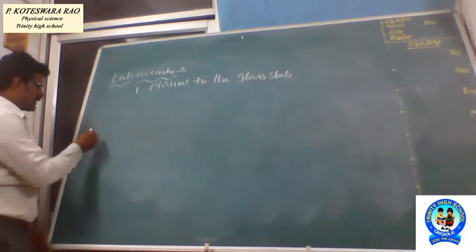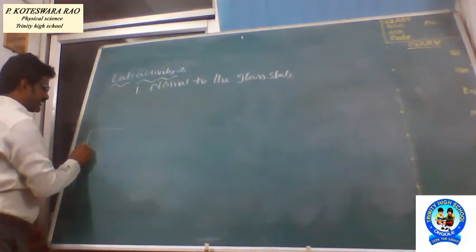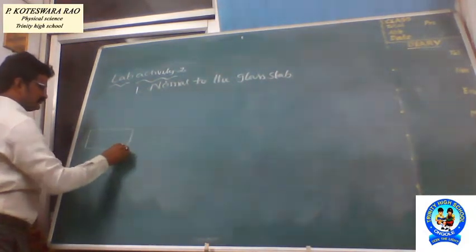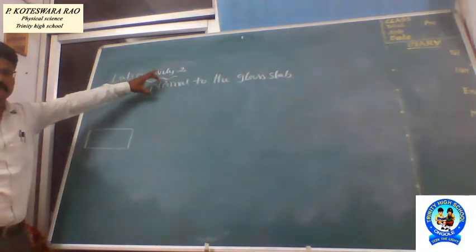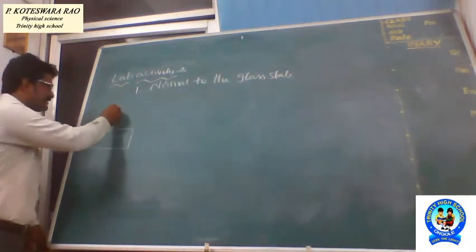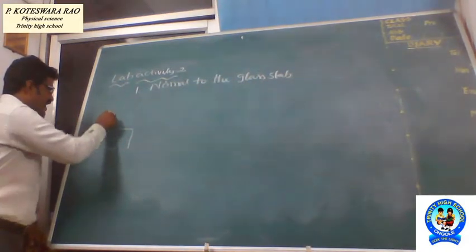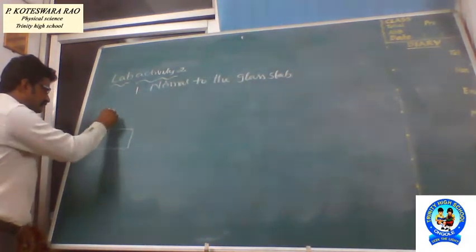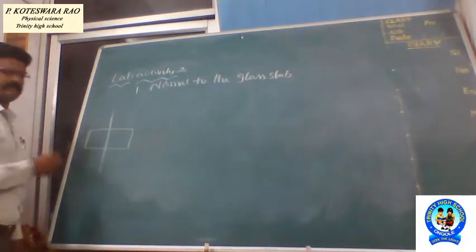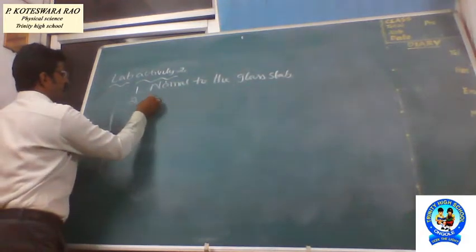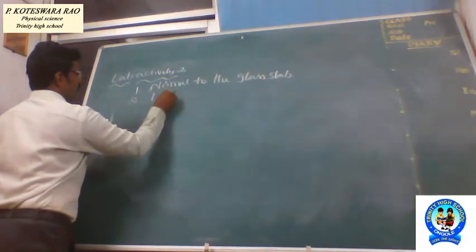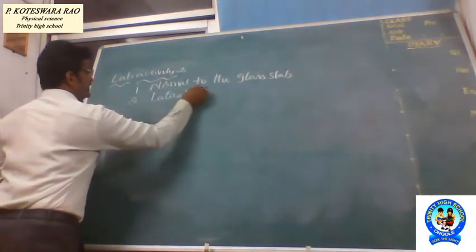First of all, what about the glass slab? This is a rectangular shaped glass slab. Here, what about our first one? What happens when light rays fall normally on that glass slab? And second one, how do you find lateral shift?